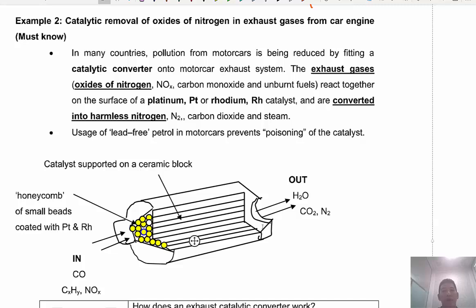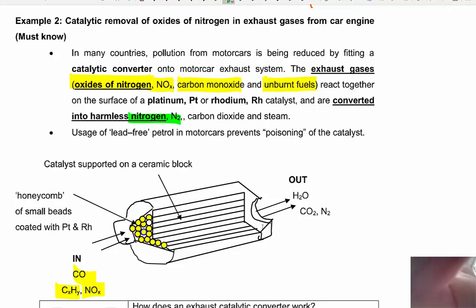Right? So this is something you have to remember. What are the exhaust gases? You have your oxides of nitrogen, carbon monoxide, and burnt fuels. So they all react together. These are your reactants, and these are your products.